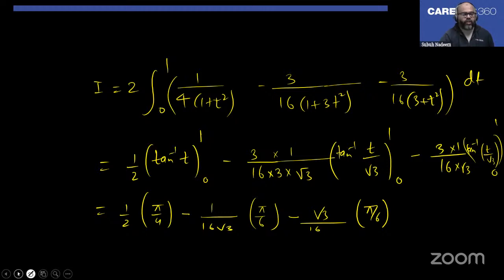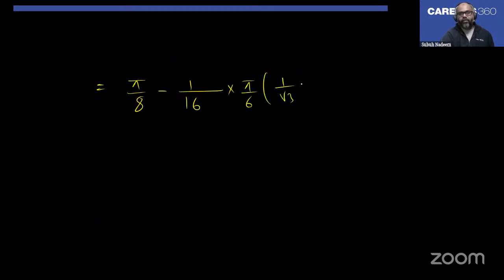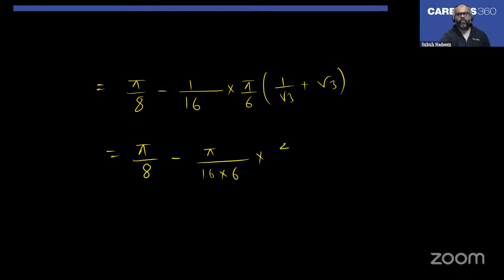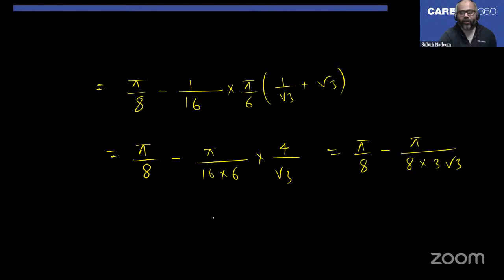And 1 by root 3 plus root 3 it will become. So pi by 8 minus pi by 16 into 6. And here it will become 1 plus 3, 4 by root 3. So 4 is 16. So pi by 8 minus pi, 4 is 16 and 4 is 8, 8 into 3 root 3. This is how you can write it.